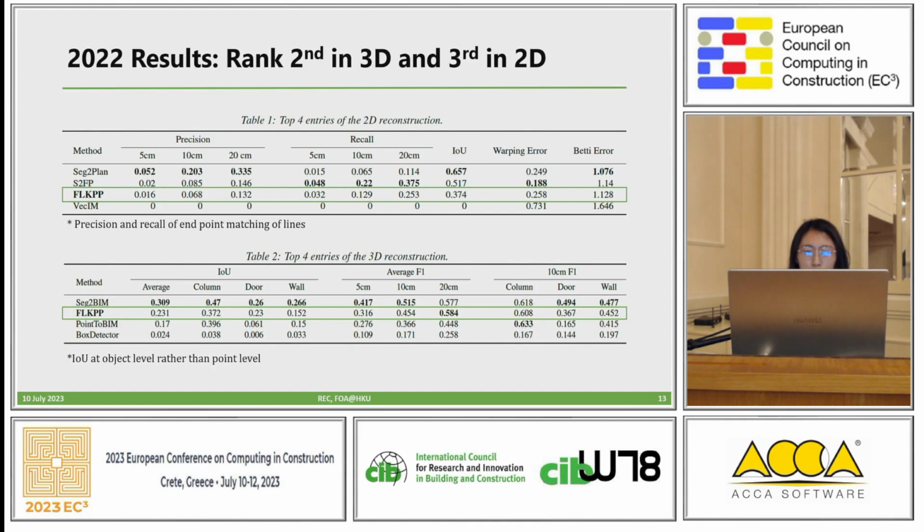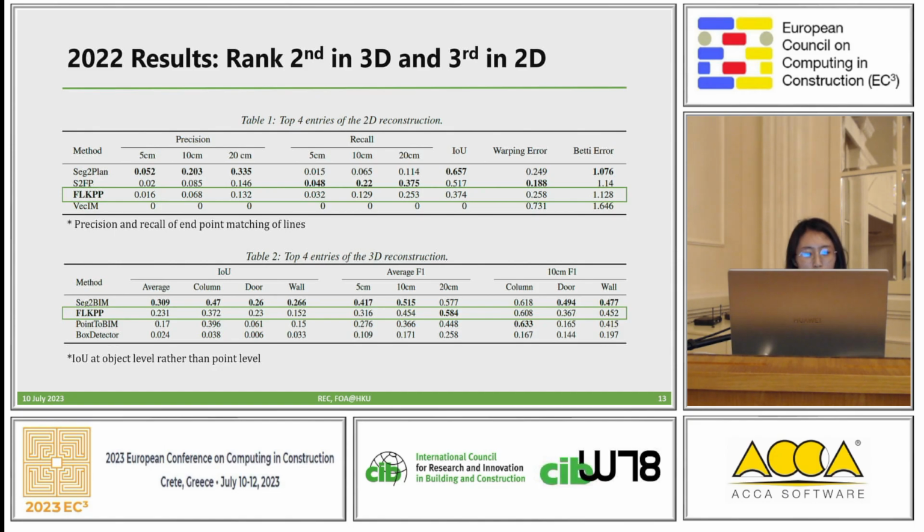The metrics also measure the intersection over union, showing the IOU of the predicted rooms and the ground truth rooms. The warping error and the Betti error also measure topological errors. We ranked third, and we can see that endpoint matching is very challenging, so all the entries gain very low precision here.